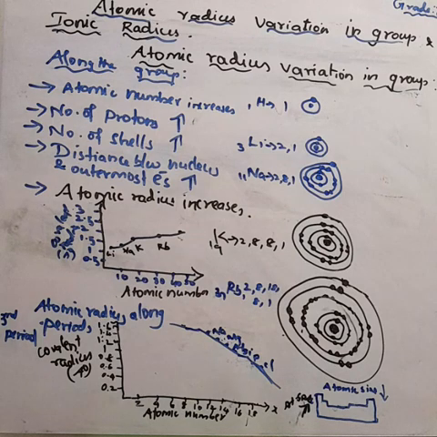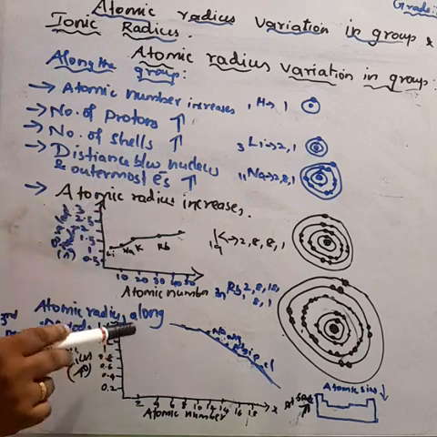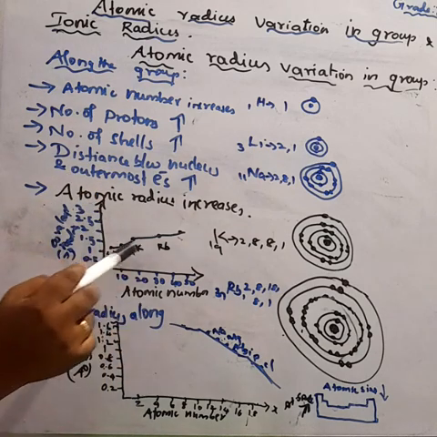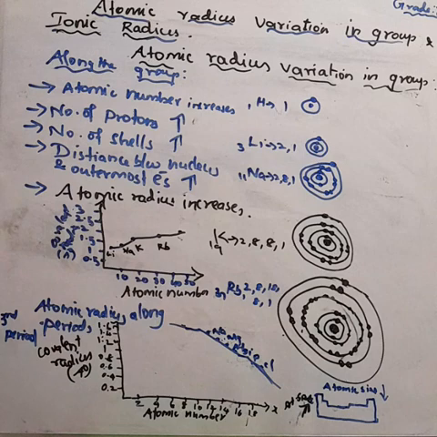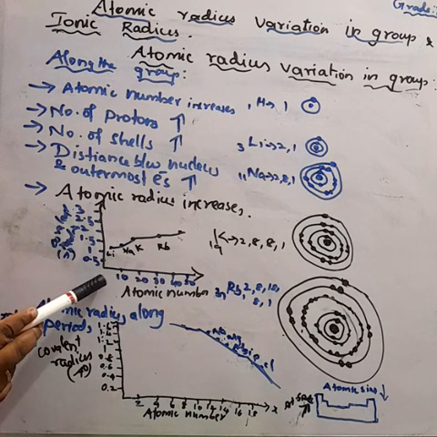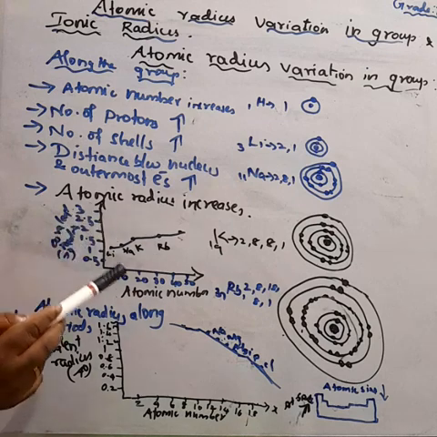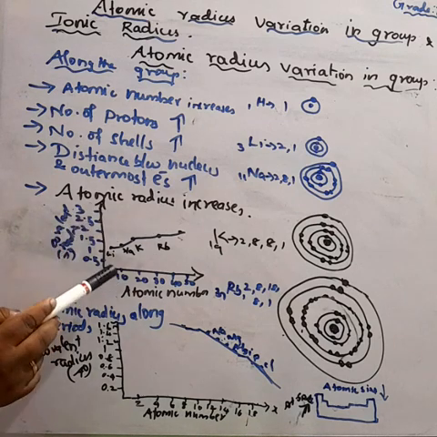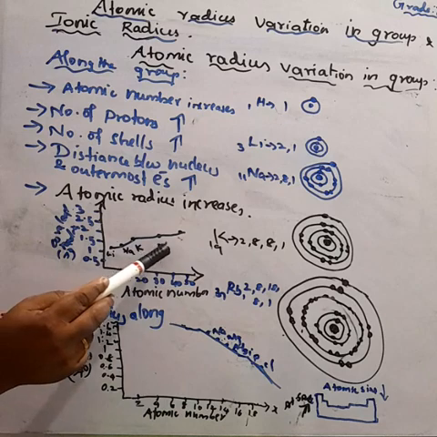So this is the periodic table. When we are moving from left to right, the atomic size decreases. When we are moving from top to bottom, atomic size increases. Understood? This graph shows the variation of atomic radius or covalent radius of the group 1 elements, that is lithium, sodium, potassium, rubidium.